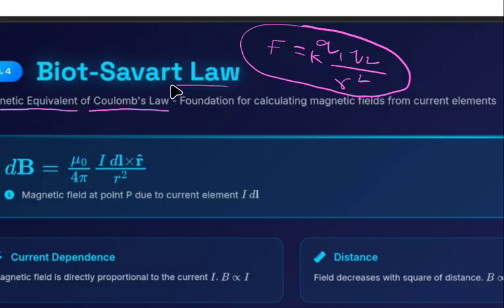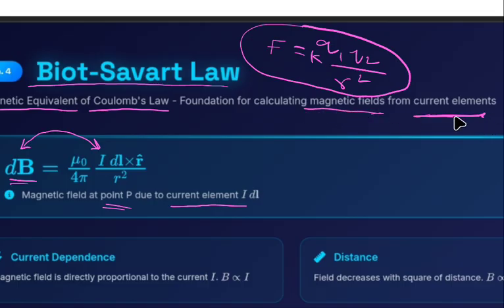Here in Biot-Savart law we are talking about the magnetic field at a point P due to a current element. So we are getting the relationship between current and magnetic field. We are getting the magnetic equivalent of Coulomb's law. We are calculating the magnetic field from a current element. This is Biot-Savart law.